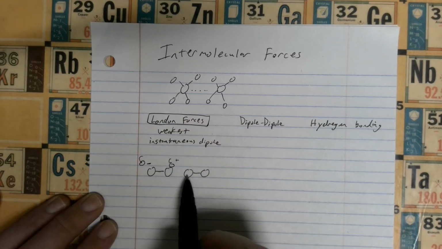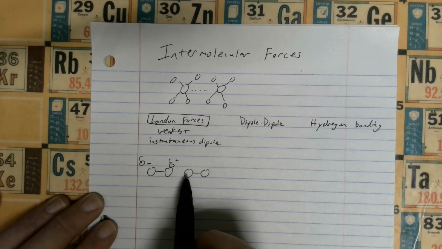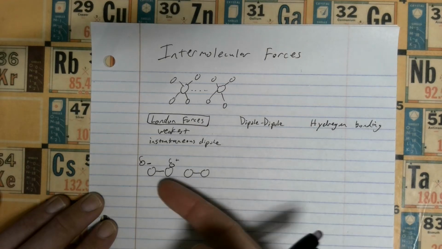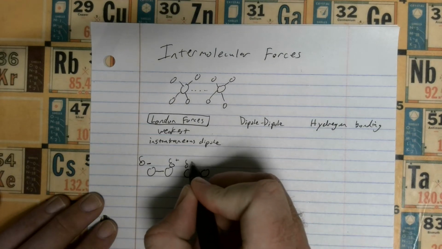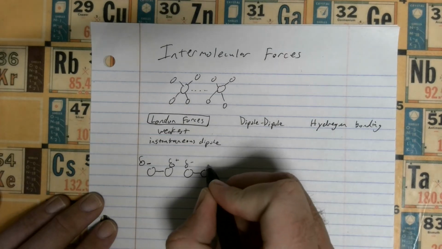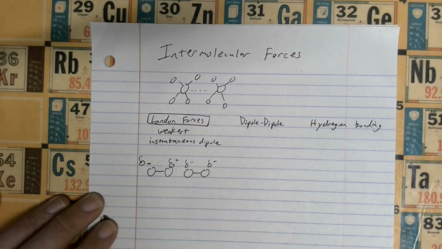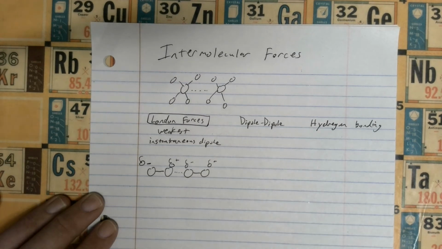If the molecule right next to it is influenced by this, since this side is partially positive, a lot of the electrons are going to be attracted to this partially positive side. So you then have this side being negative, because there are more electrons over there, and this side being positive, and there's going to be an attraction here.